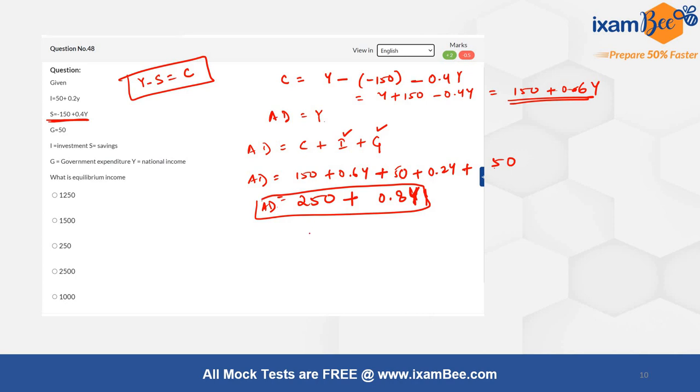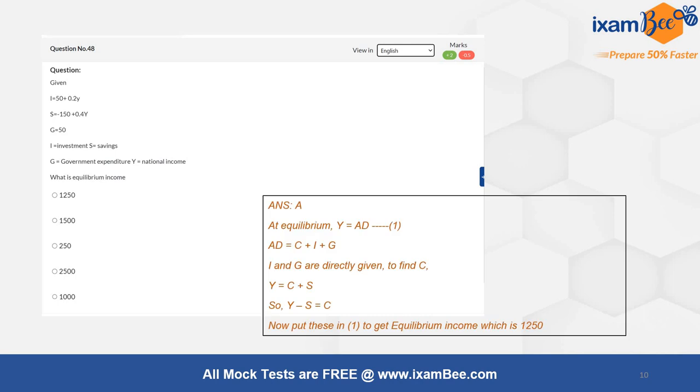Now the point where it is equal to the output will be the equilibrium. So 250 plus 0.8 Y is equal to Y. Plugging this, you get Y to be equal to 250 divided by 0.2, which is equal to 1250. So the right answer is 1250, option A.